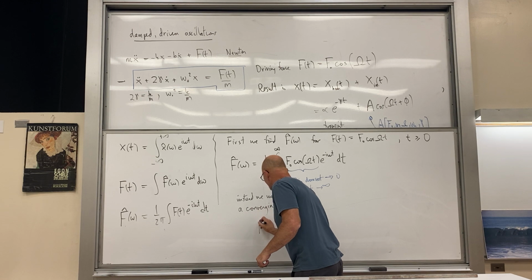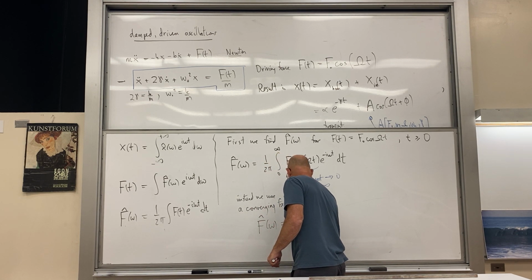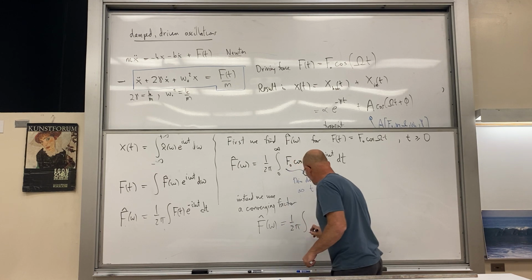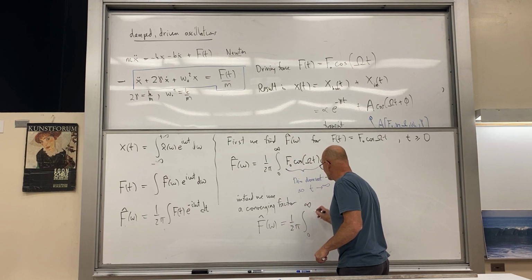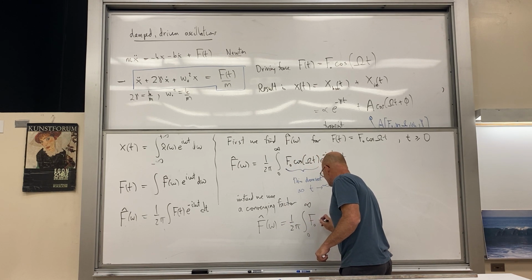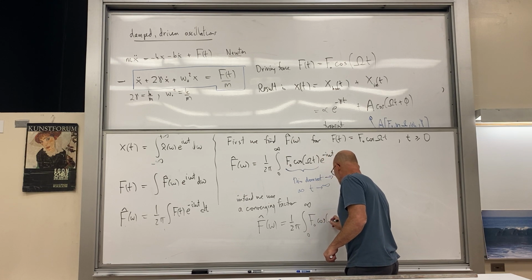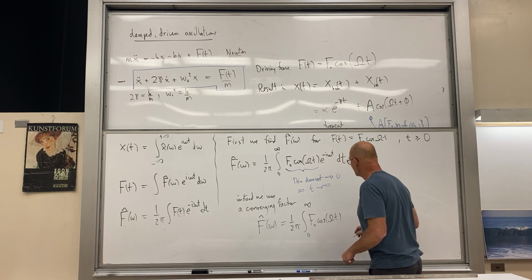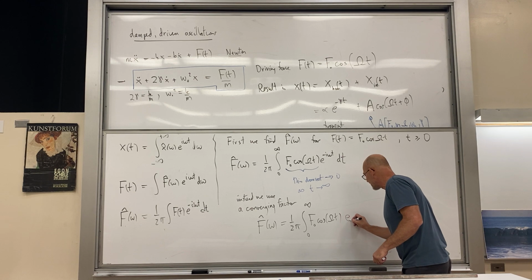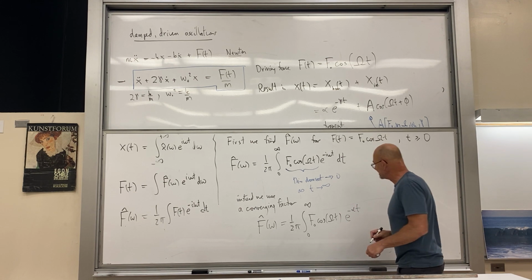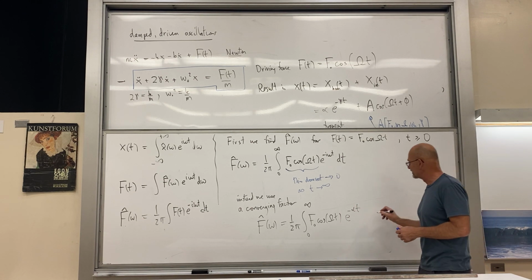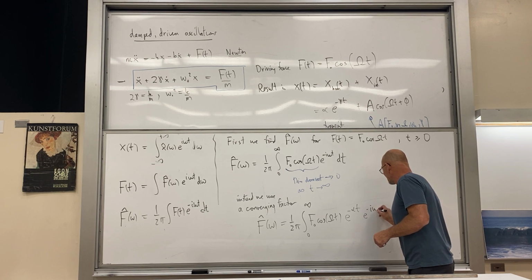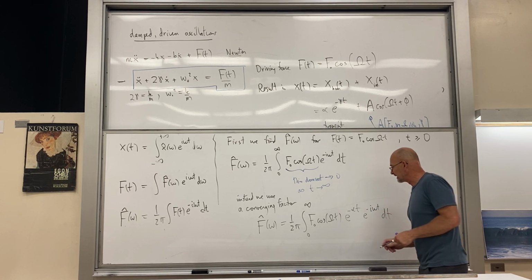So what we get is f hat of omega equals 1 over 2 pi, integral from 0 to infinity, f naught cos omega t. Now the converging factor we multiply by is e to the minus alpha t, where alpha is positive, times e to the minus i omega t dt.